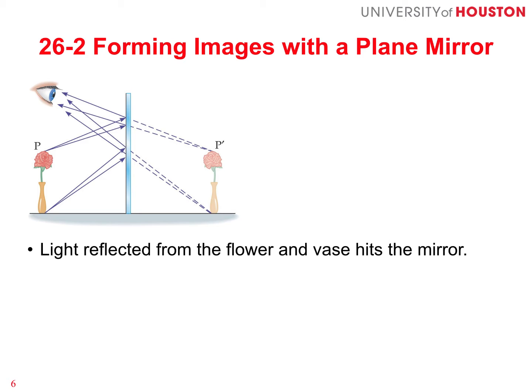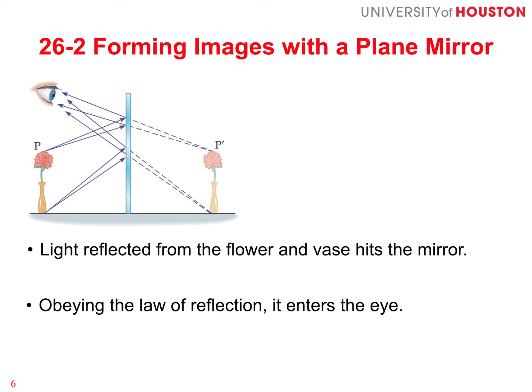Here we have an example where an object, which is a vase, is placed in front of a mirror. Light will leave the object. It will then reflect in a specular manner from the mirror, and the rays of light will then enter the eye.